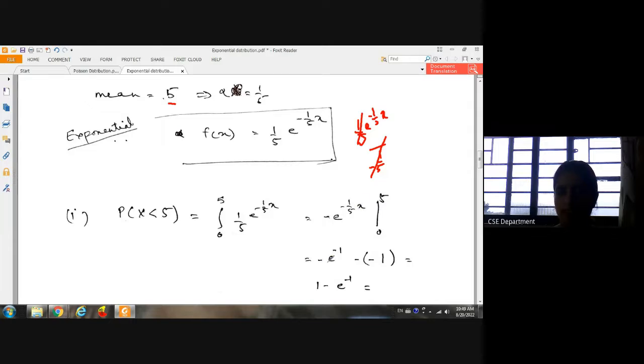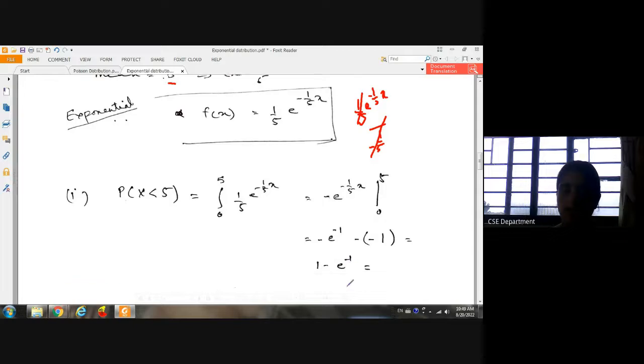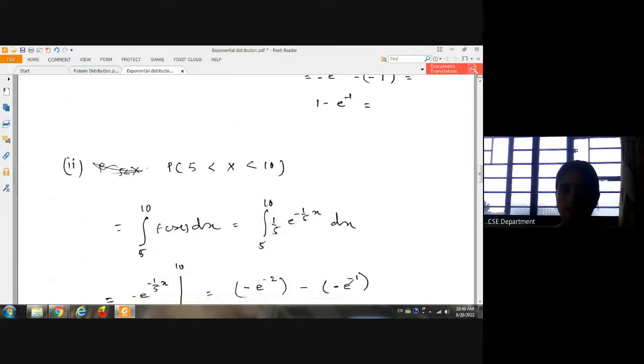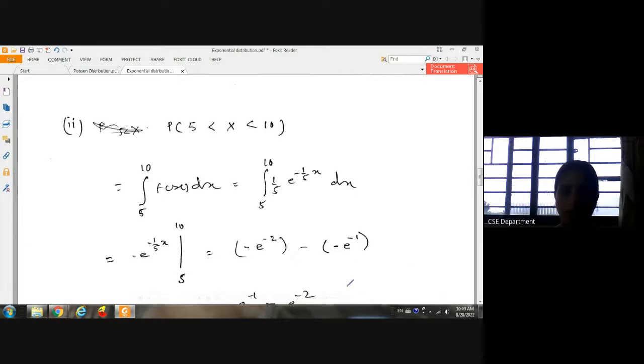So minus e power minus 1, minus, and putting 0, e power 0 is 1. So minus 1, that will be plus 1 minus e power minus 1. You can leave it like that for the internals, or you can use a calculator to calculate.